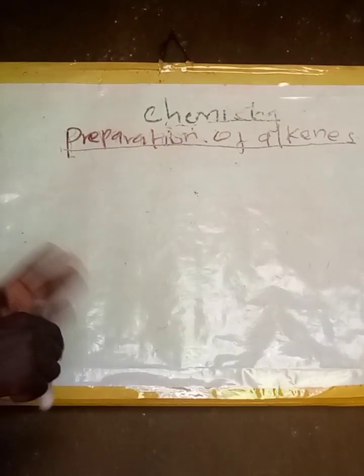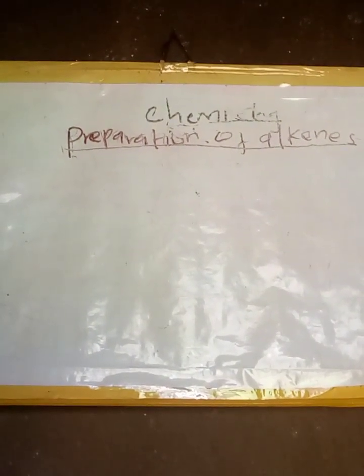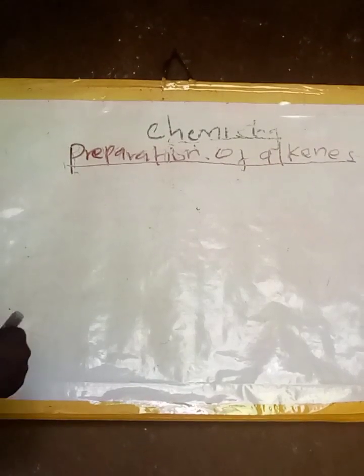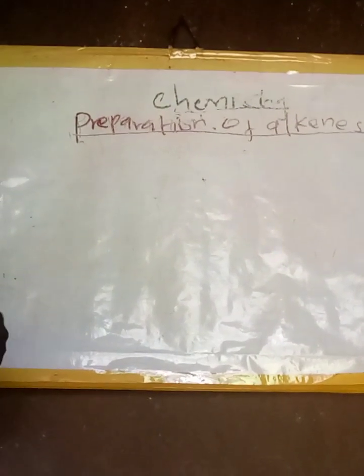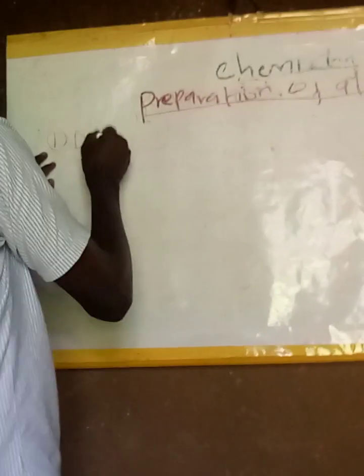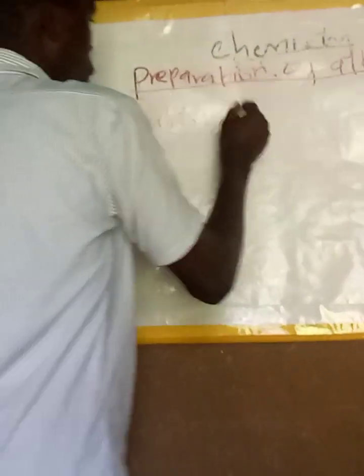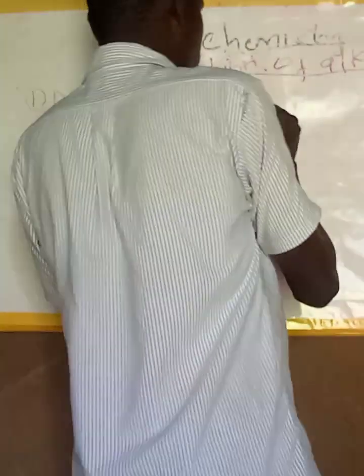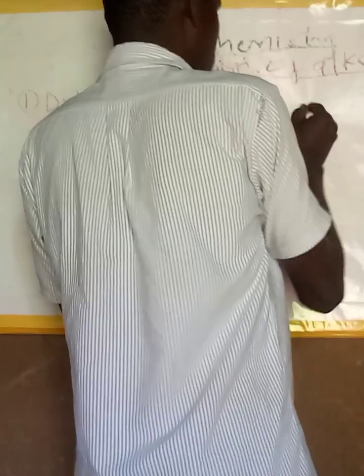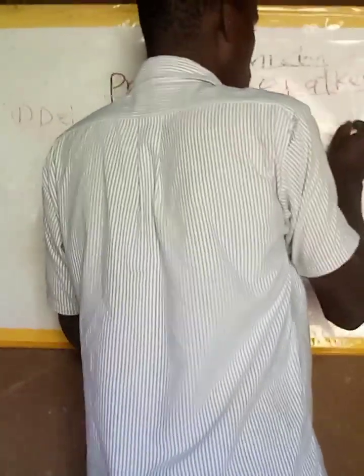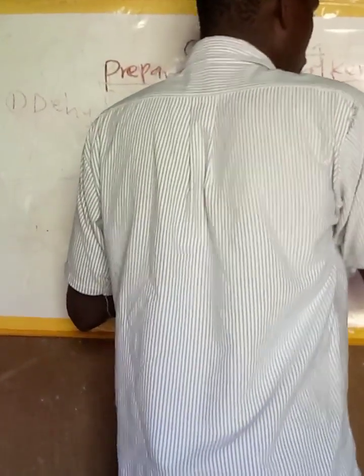The first method for preparing an alkene in the lab is by dehydration of their respective alkanols. Number one, dehydration of their respective alkanols.